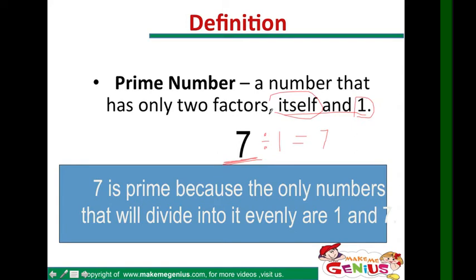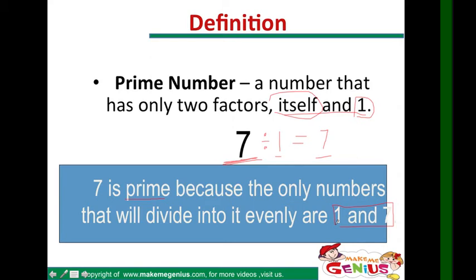Therefore, yung factors ng prime number na 7 ay yung 7 itself at yung 1. Since dalawa lang ang factors niya, masasabi ko ngayon na ang 7 ay prime number because the only numbers that will divide into it evenly are 1 and 7. So, 1 at saka 7 lang ang pwede.